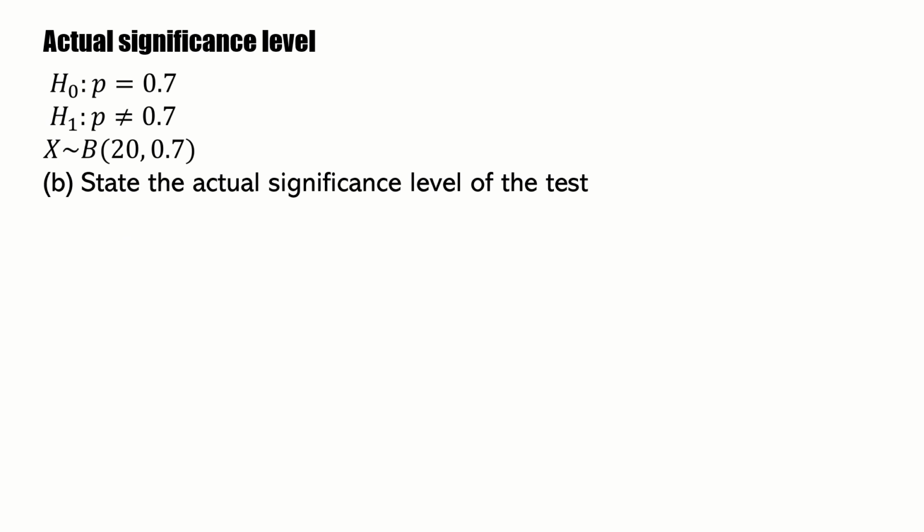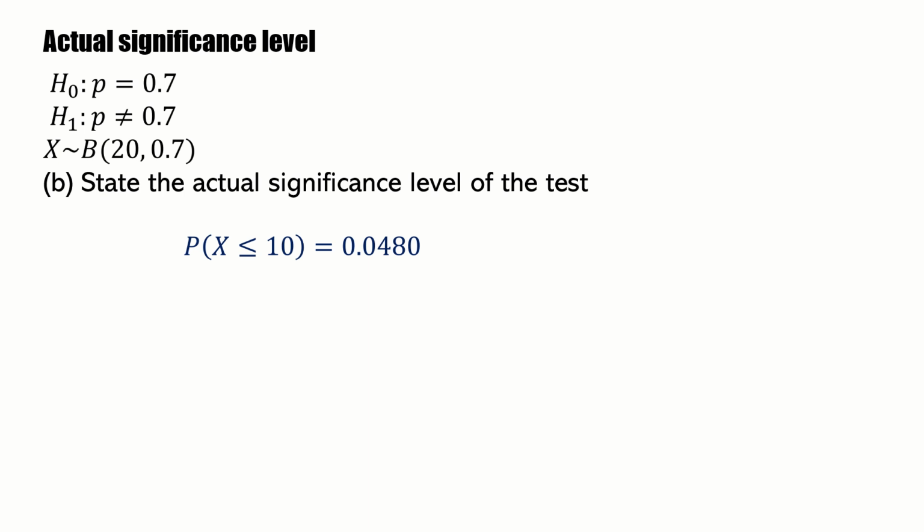Again, same situation we had before, so it's the same H1, the same distribution, and therefore we'd already done the same calculations to decide our critical region. We had already decided the lower tail part by realizing that the probability of x less than or equal to 10 ended up being 0.0480.